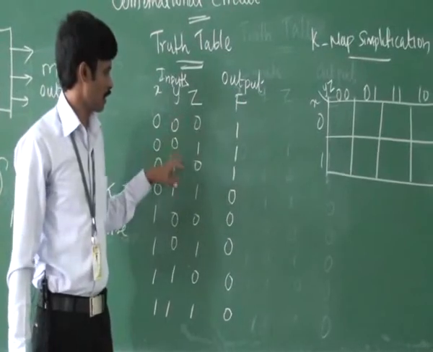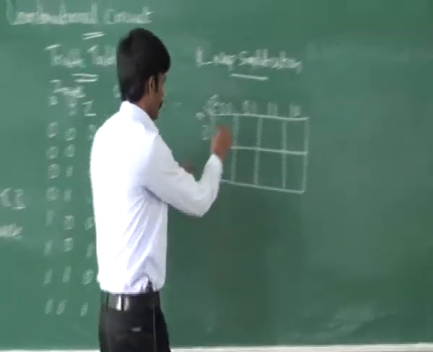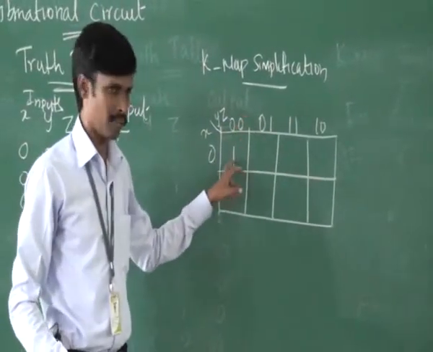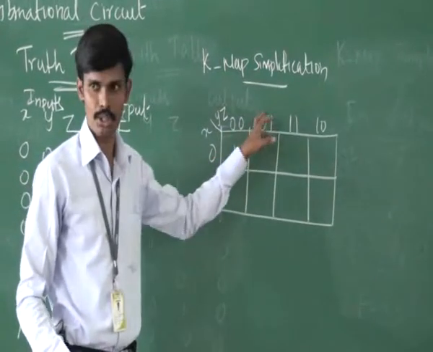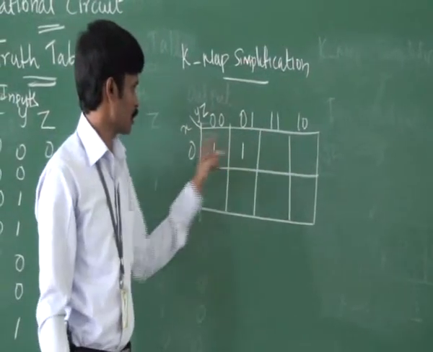For the first 3 input combinations, the output will be 1. This first square represents 0, 0, 0, and the output will be 1. Then the second square represents 0, 0, 1, and the output is 1.